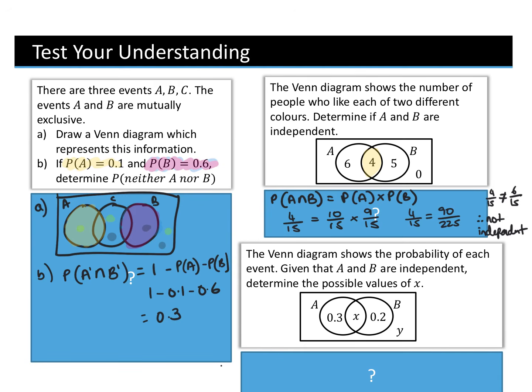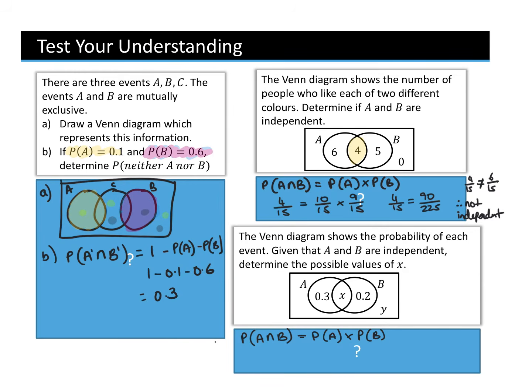Next question. The Venn diagram shows the probability of each event. Given that A and B are independent. Okay, they are independent. If they're independent, what does that mean? That means the probability of A intersection B equals the probability of A multiplied by the probability of B. In the question, it's told you they are independent. So this means that this rule holds. It's true.